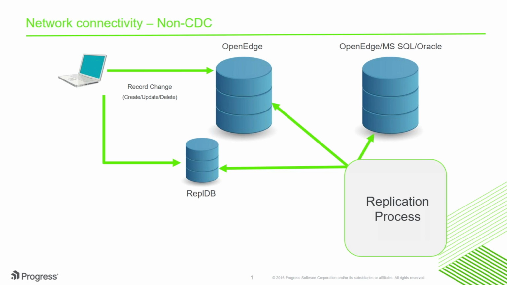I'm going to recap Mike's last slide there for just a minute so that we completely understand what the differences are in non-CDC Pro2 and CDC-based Pro2. So my first slide here is just a very quick network representation of LAN-based replication using Pro2 and replication triggers.